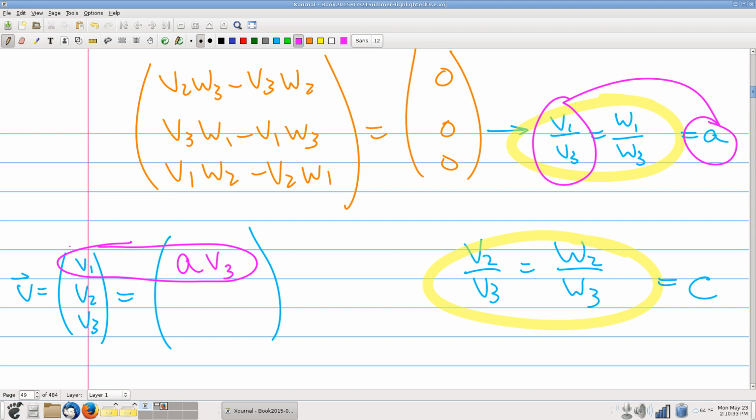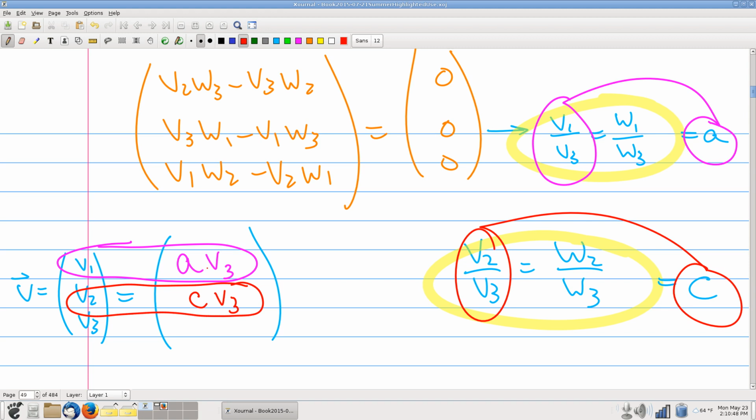Then similarly, V2 is C V3. And of course V3 is just V3.